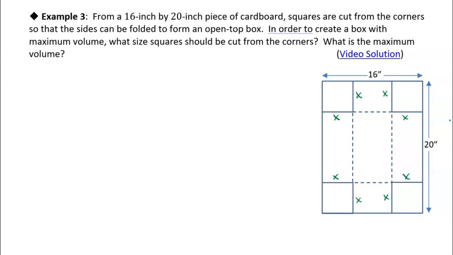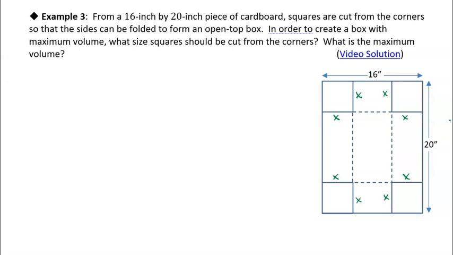All right, so now we need a formula for the volume of the box. When I fold up these sides, the bottom of the box is going to be this dashed line, and then the height of the box is going to be x. So let's figure out what the dimensions of the base are.